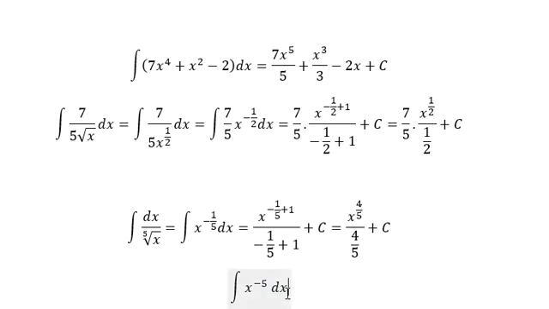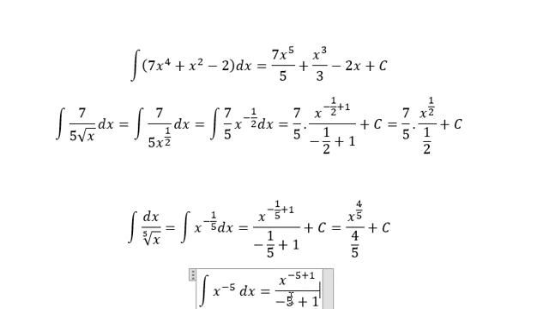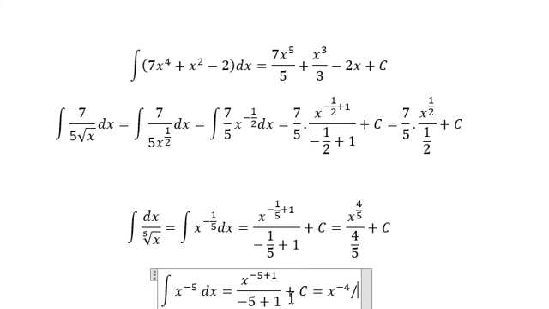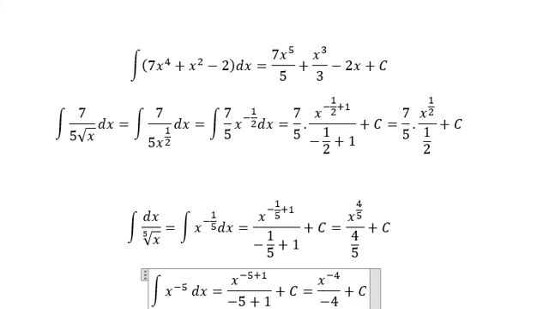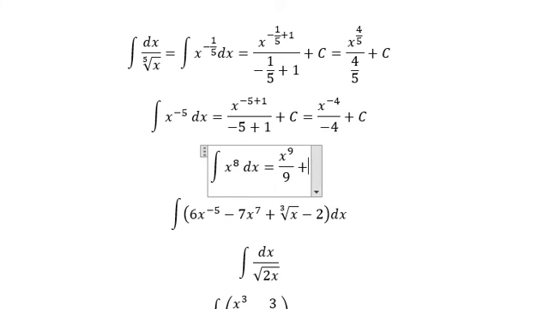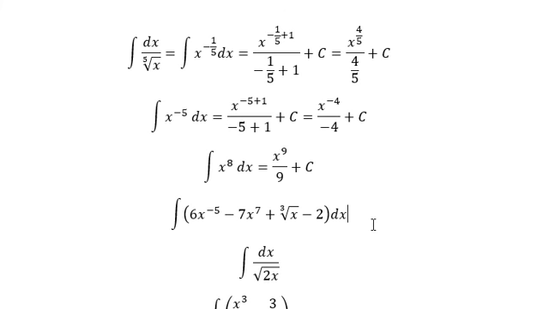Next, for this one, we get s to the power of negative 5 plus 1 over negative 5 plus 1, and we put c. And this one, that's s to the power of 9 over 9, and we put c.